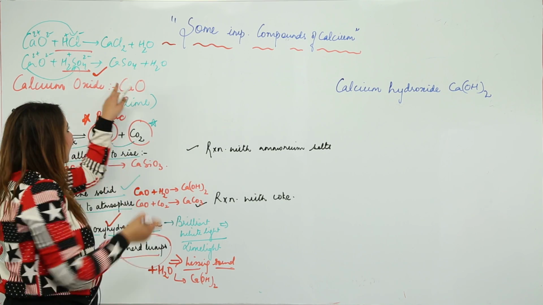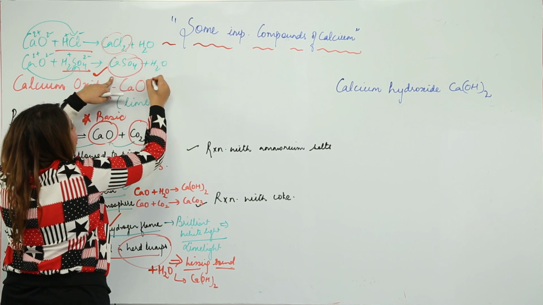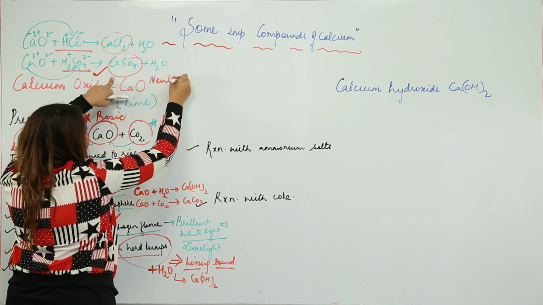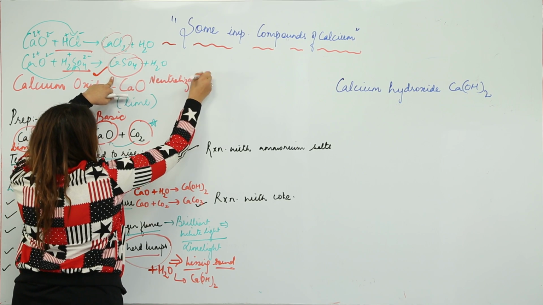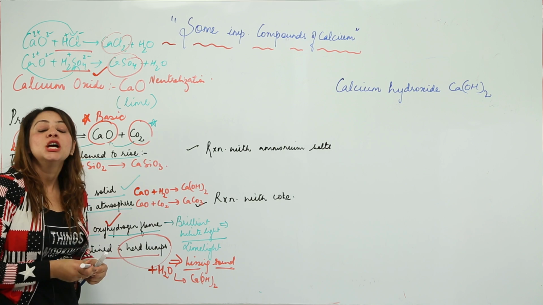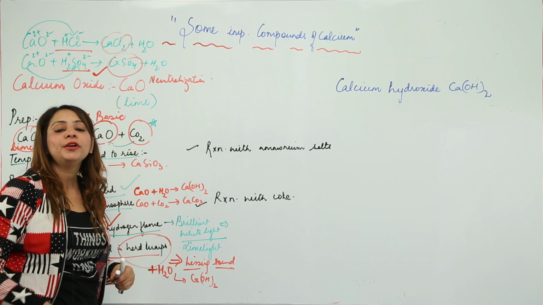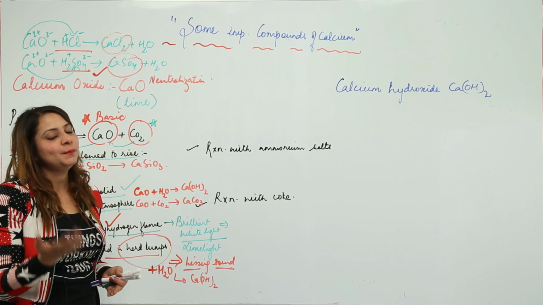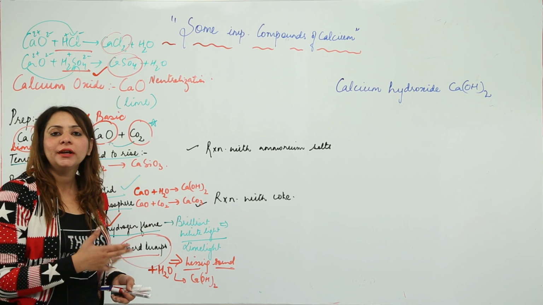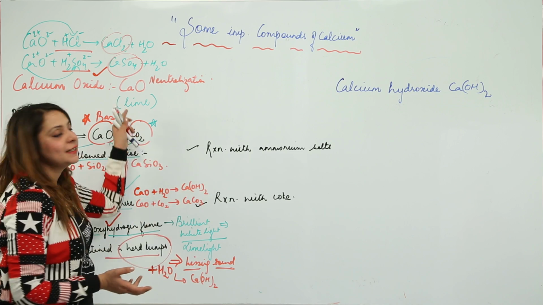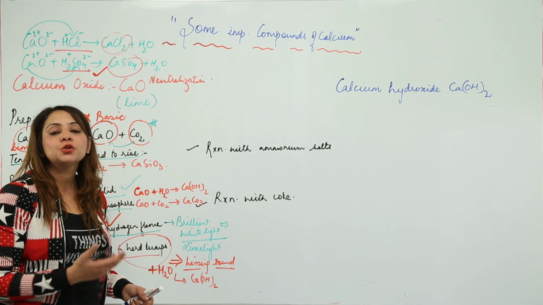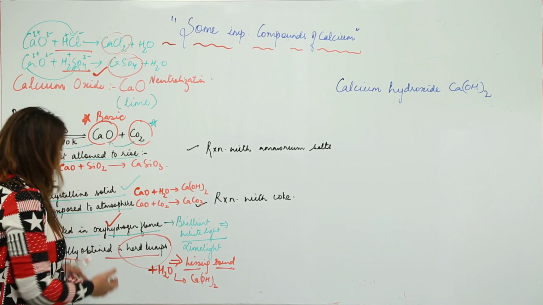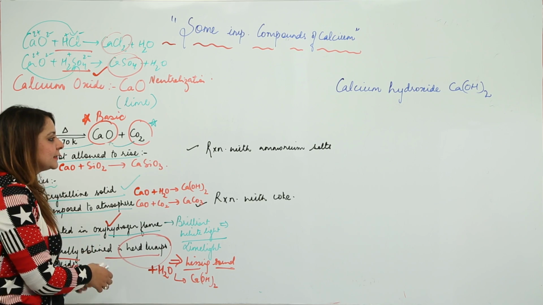Acid and base give rise to salt with water, and we know that the name for the reaction is neutralization. So if you get a question like how can you prove the nature of calcium oxide, you are going to say that we mix it with an acid because it forms salt and water. It proves that it is basic in nature, because it shows a neutralization reaction. This is how it reacts with acid.